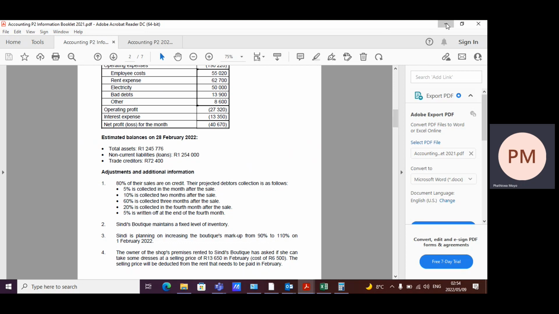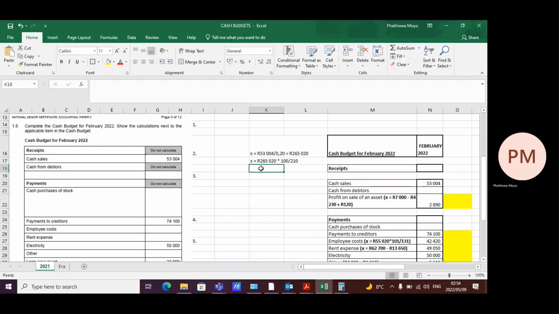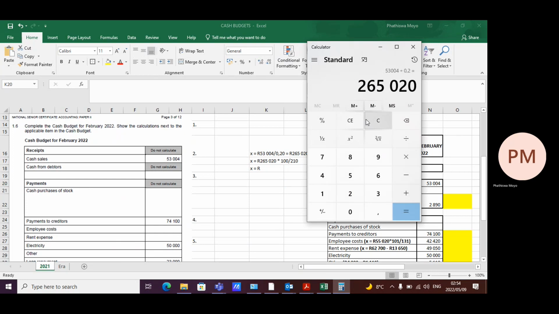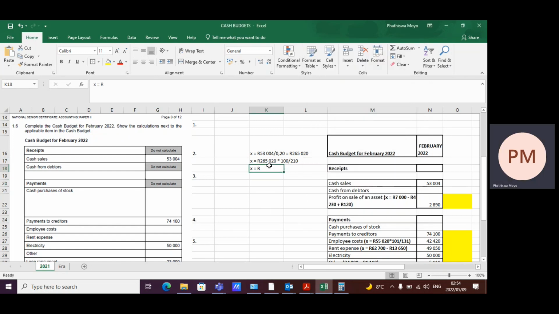So 100 plus the markup is 210. So we get 126,200 cost of sales. Okay?